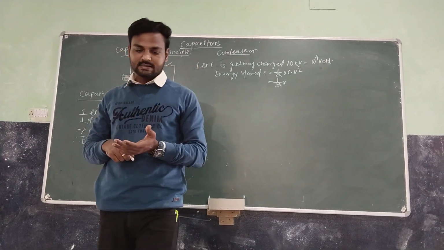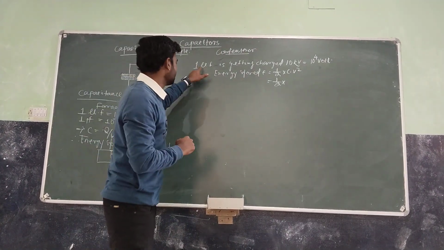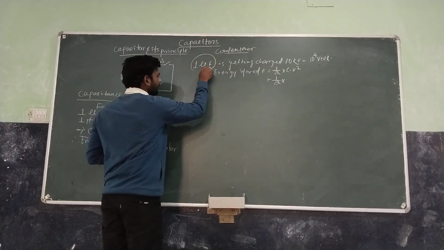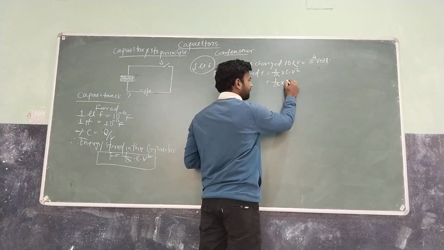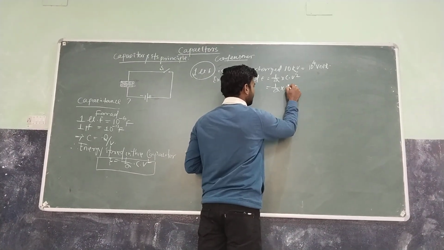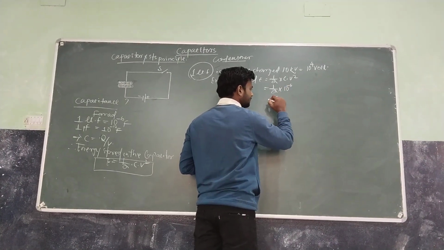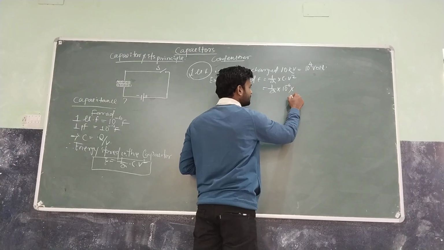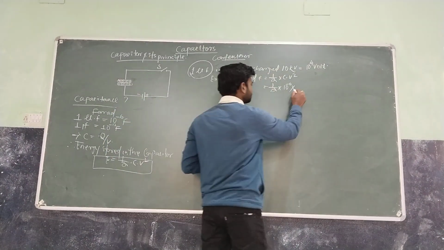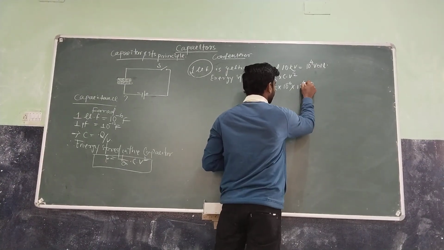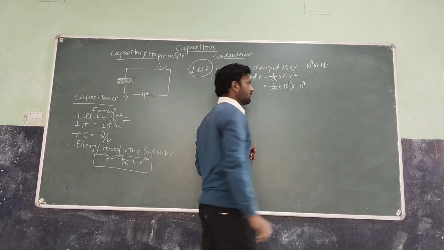The capacitance is given as 1 microfarad, which means 10 to the power minus 6 farad. Into V square. What is the voltage? 10 to the power 4 volt.